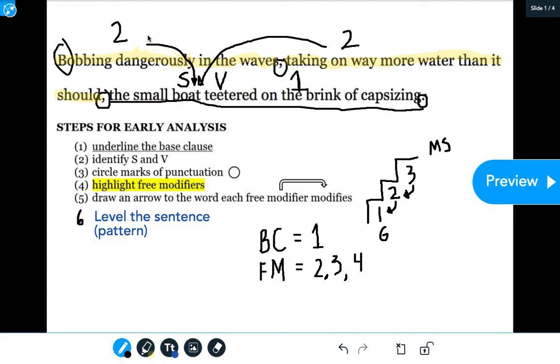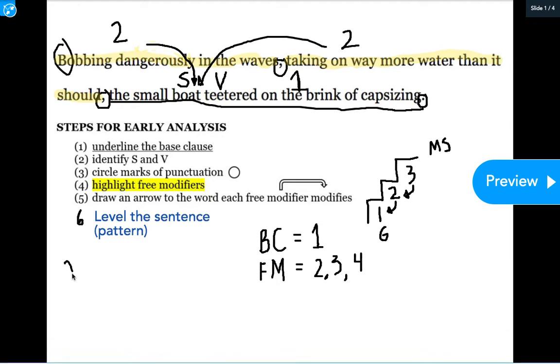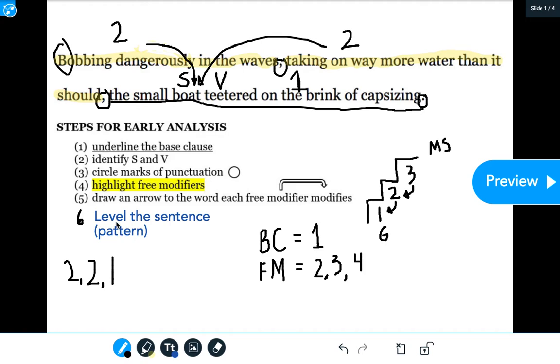So in this case, the pattern for this sentence is a 2, 2, 1. And that's this idea of leveling, or finding out the pattern for a sentence.